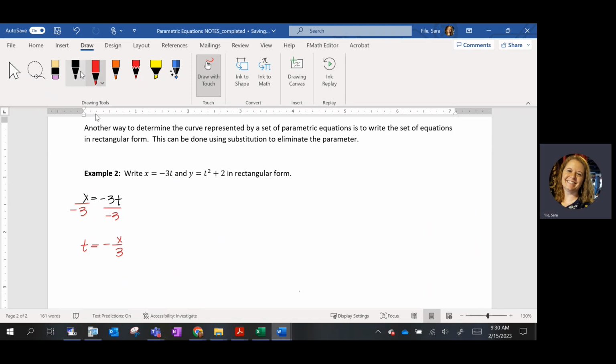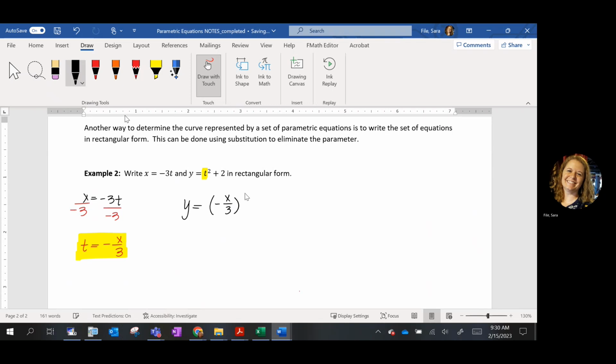Now you're going to make a substitution. You're going to take that t value you just found and substitute it in for t here in the other equation. So far, so good?